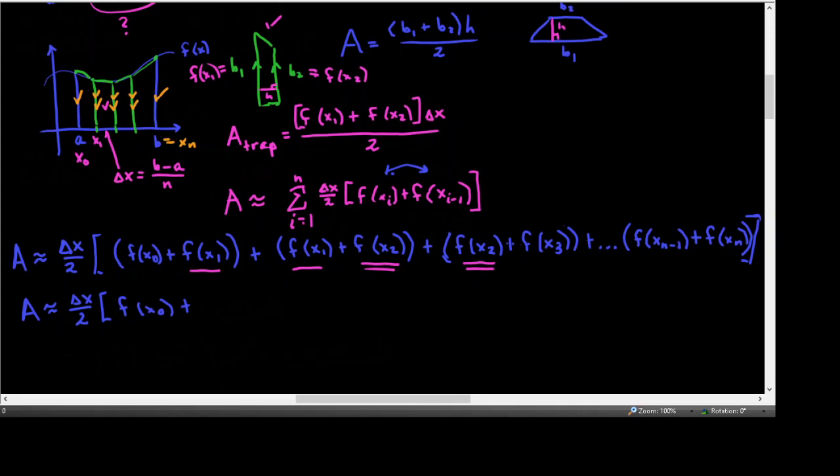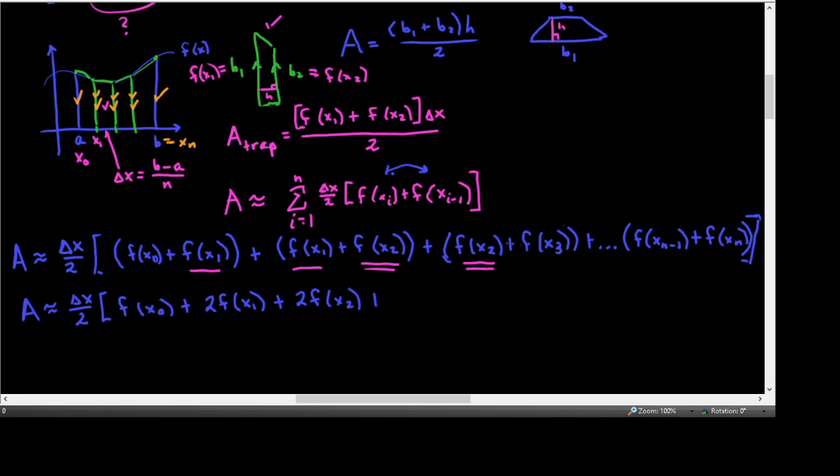We'll use the first x value's y value once, the second y value for the second x we'll use twice, and for f of x sub 2, we'll use it twice.